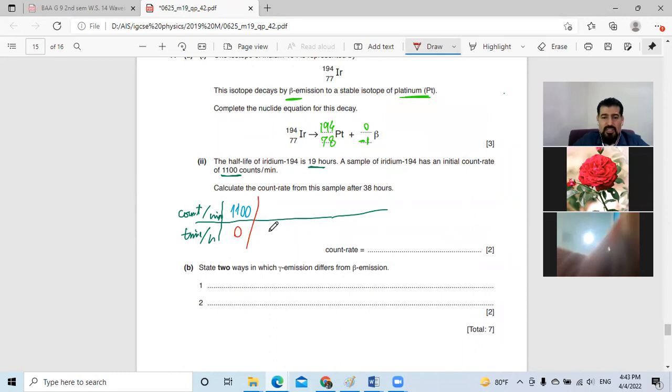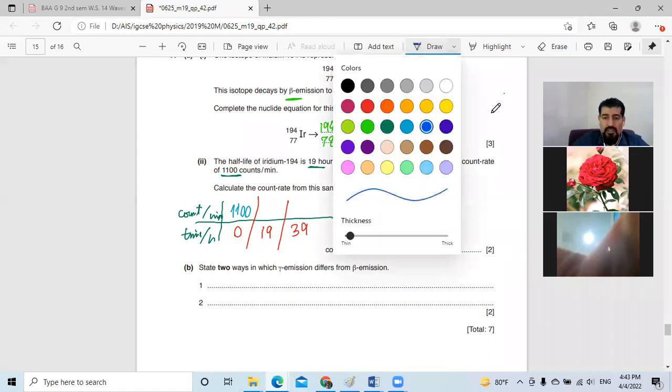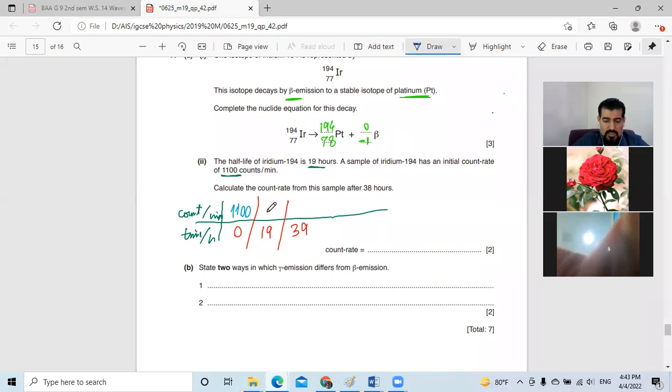Then I'll keep adding half-lives, 19 and another 19, which is 38. But the count rate, I'll divide by 2, which is 550. Divide by 2 again, 275 counts per minute.